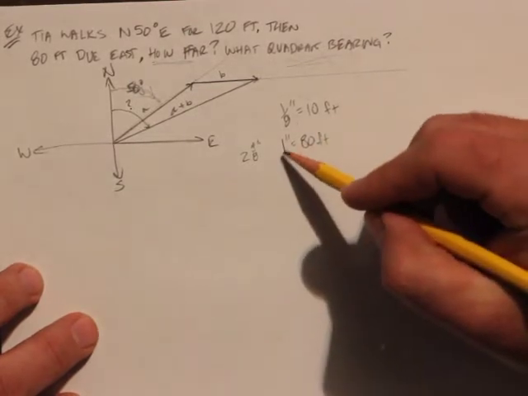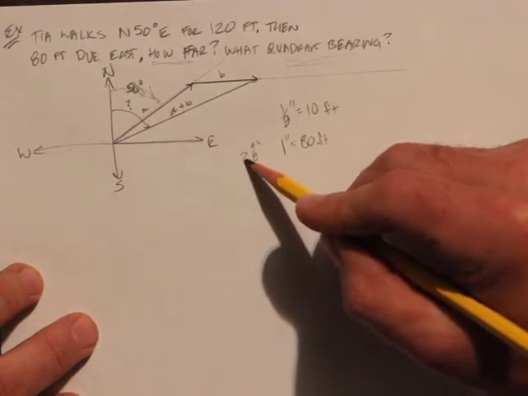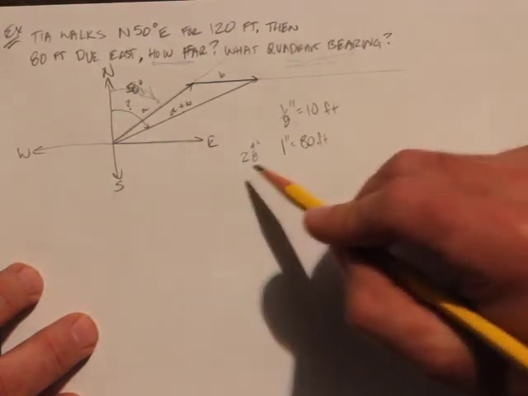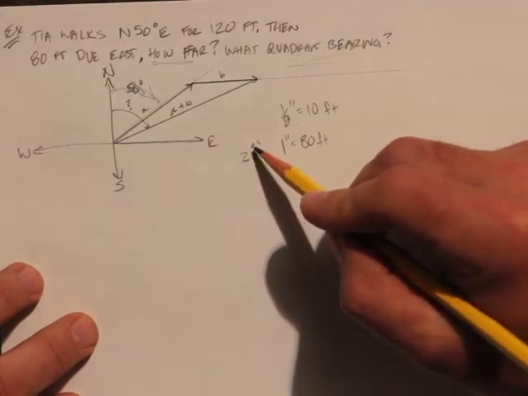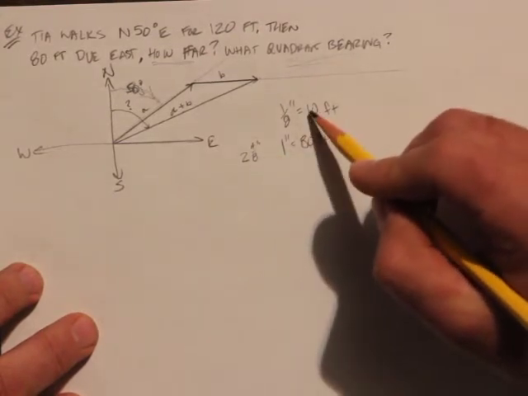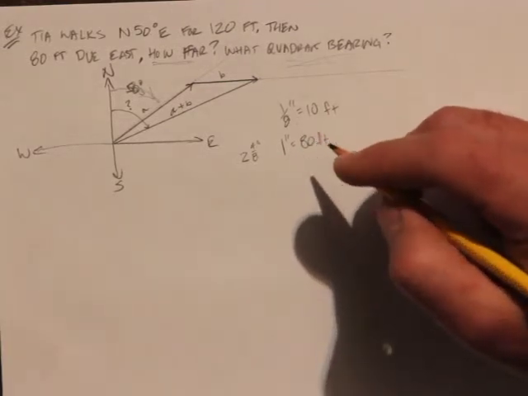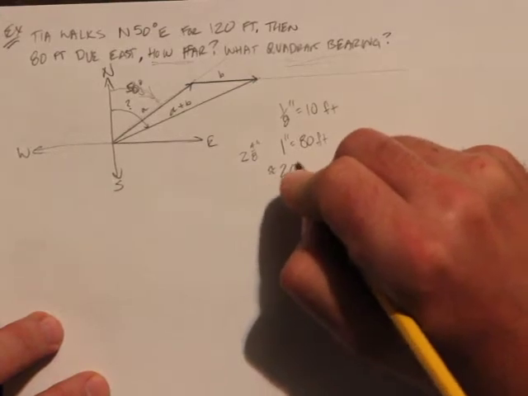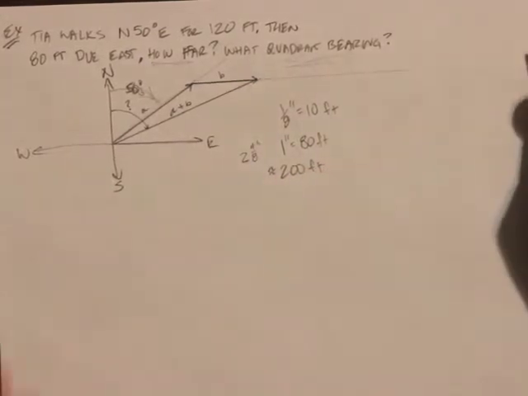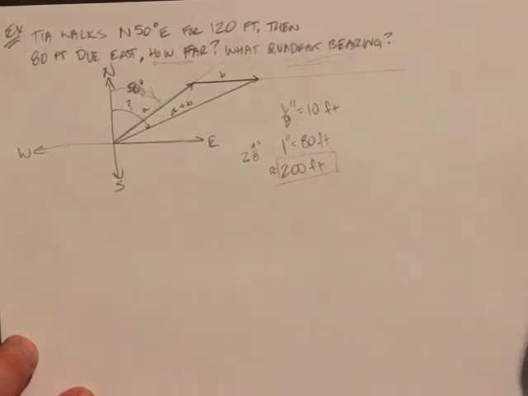So 2 inches at 80 feet per inch is 160 feet, plus 4/8, so that's 40. So 160 plus 40, we get about 200 feet. So that's about how far she went.